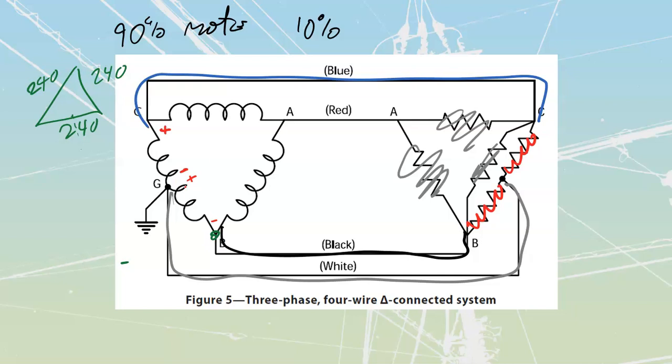That's because this point is more positive in relationship to point B, but more negative in relationship to point C. What that means is that at any given instant, we're going to have a blue over here that's going to be a positive, and the black over here that's going to be a negative, and we are therefore going to have current that is going to travel through.